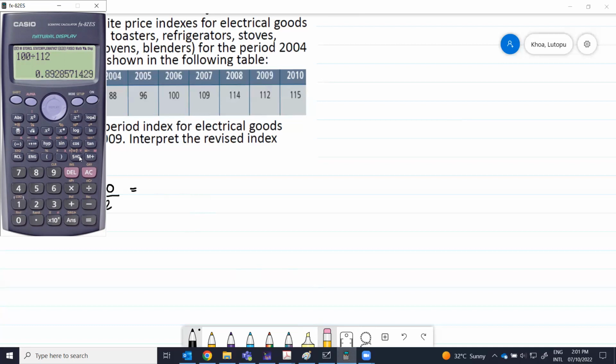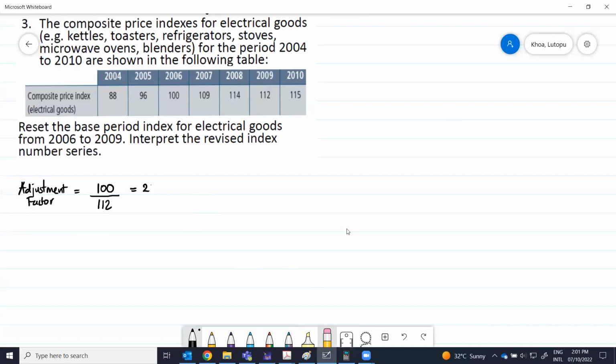Okay, so we leave it as a fraction. This is 25 over 28. So what I'm going to do is multiply each of these indexes by 25 over 28 and come up with a new table.